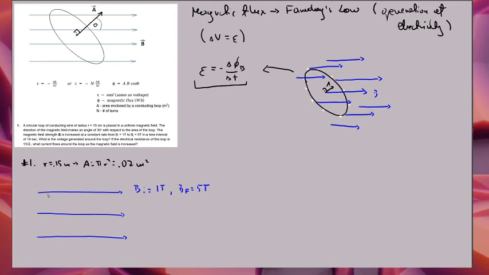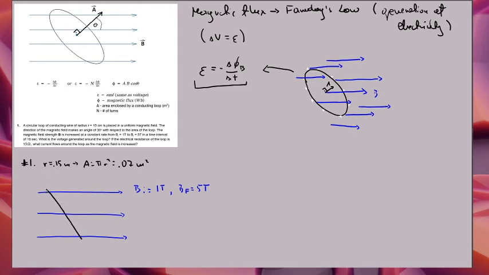I'm going to draw the loop like this. Here's a dot, so that the loop comes out of the page, and then it goes this way, goes into the page on the bottom. I actually don't want to put the circle there on top, because that kind of indicates the direction of the current, and we're not playing with the direction of the current yet. So I'm just going to draw the loop like this.